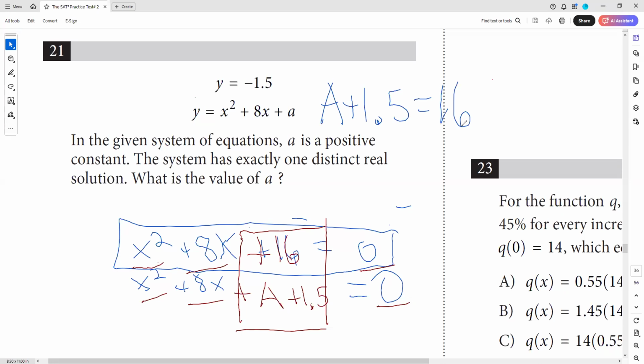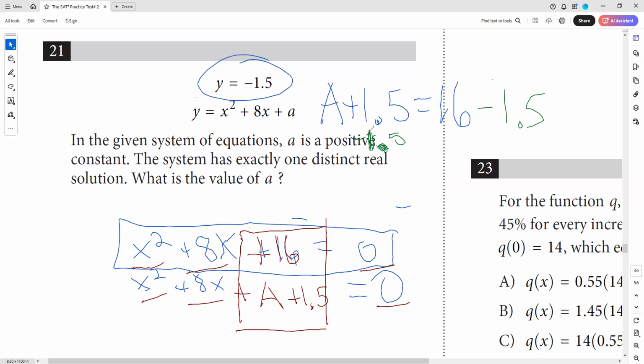What is A though? A is not 16 because of the 1.5 that was here from the beginning. So we need to subtract 1.5 from both sides. So minus 1.5, if you will.